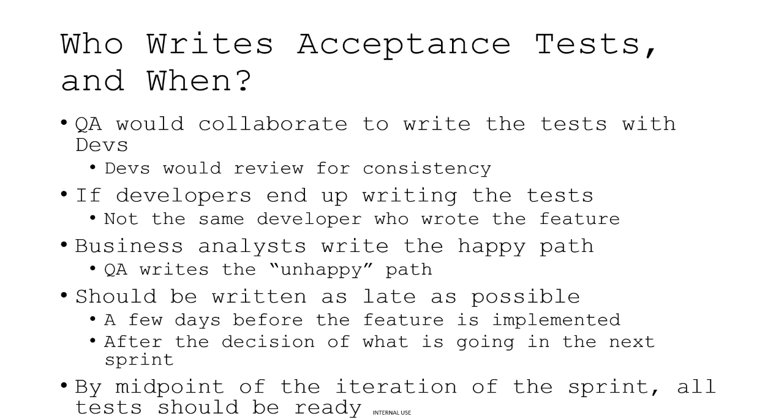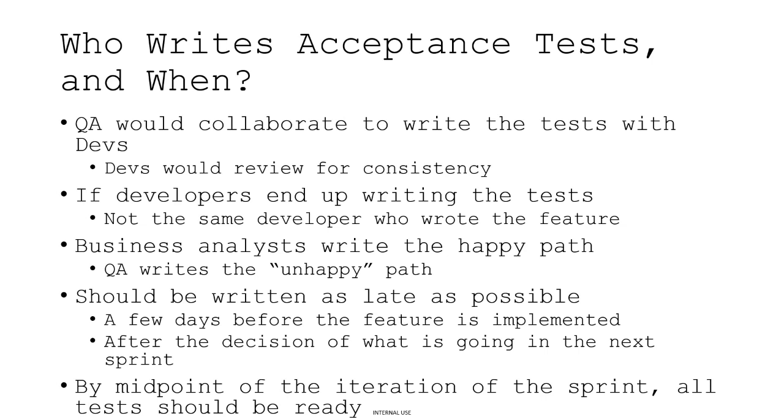And again, this is what I was saying a few slides ago. The acceptance tests should be written as late as possible. Oftentimes, they should be written a few days before the feature is even implemented, and after the decision of what is going in the next sprint.